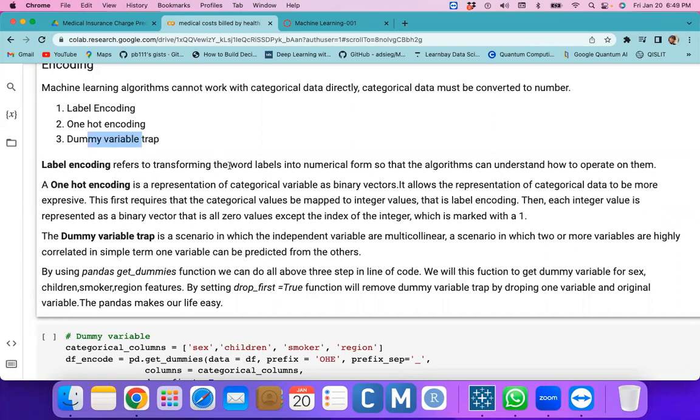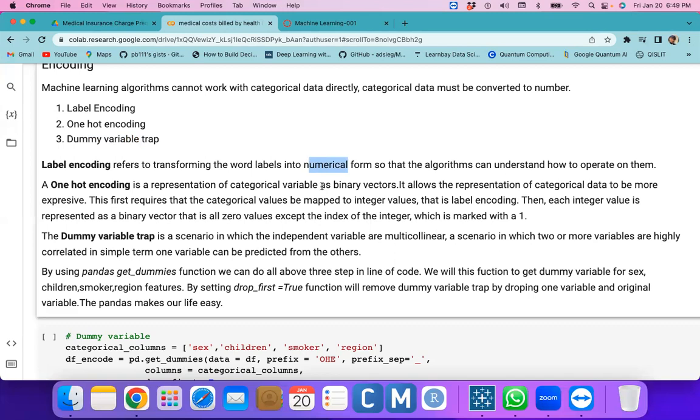Label encoding refers to transforming the word label into numerical form so that the algorithm can understand how to operate on them. One-hot encoding is a representation of the categorical variable as binary vectors. Here the word is simply converted into a number, but in one-hot encoding the word is converted into a binary vector, which allows the representation of categorical data to be more expressive and gives more intuition.